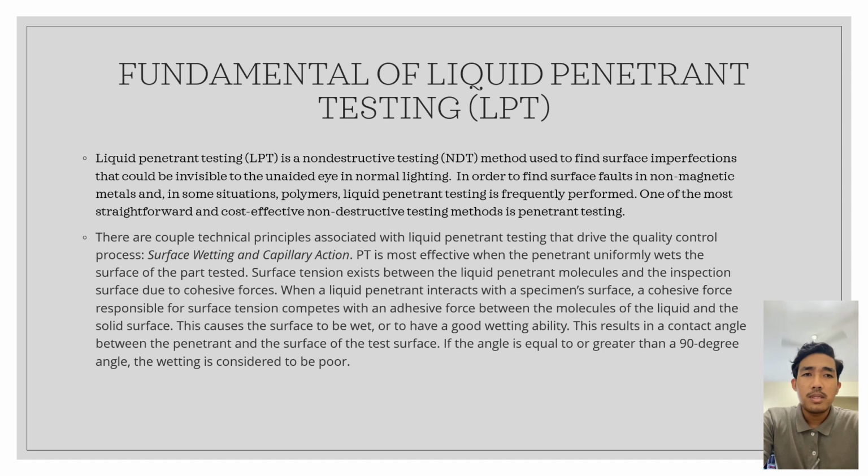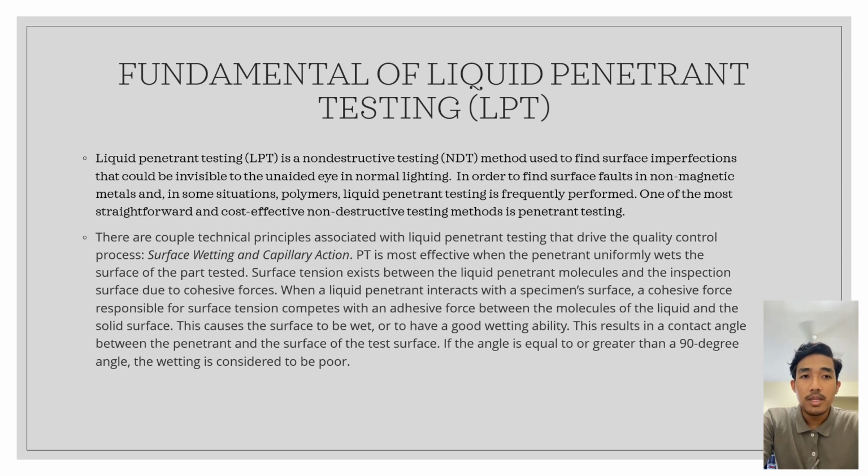There are a couple of technical principles associated with liquid penetrant testing that drive the quality control process: surface wetting and capillary action. PT is most effective when the penetrant uniformly wets the surface of the part under test. Surface tension exists between the liquid penetrant molecules and the inspection surface due to cohesive force.